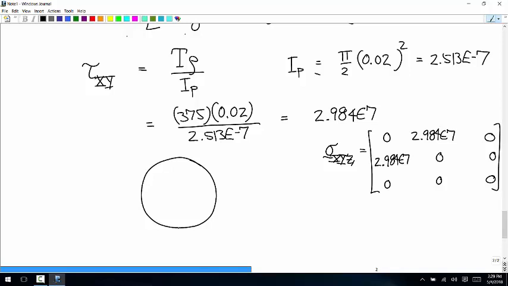That coordinate system has the z-axis pointing this way and the y-axis pointing this way.